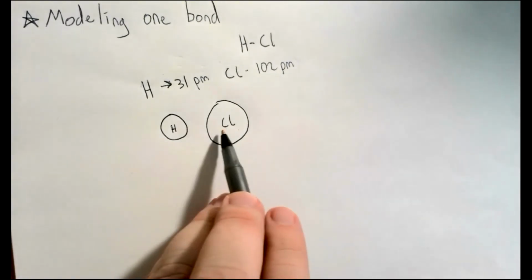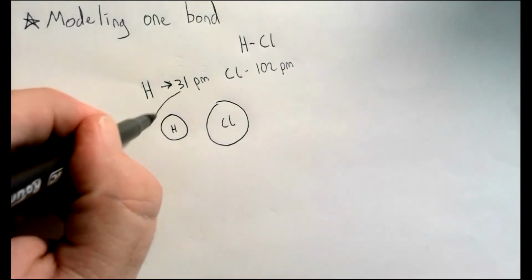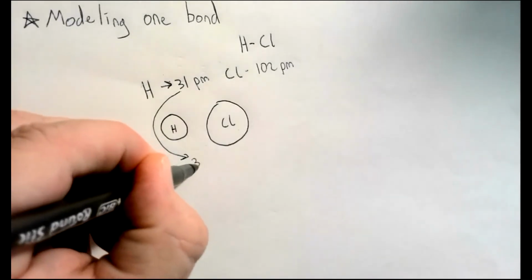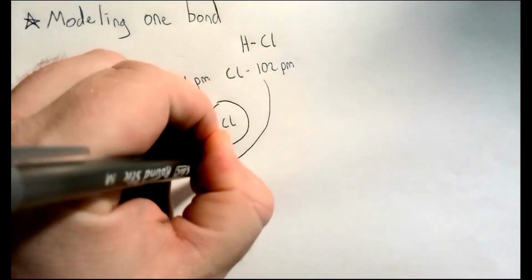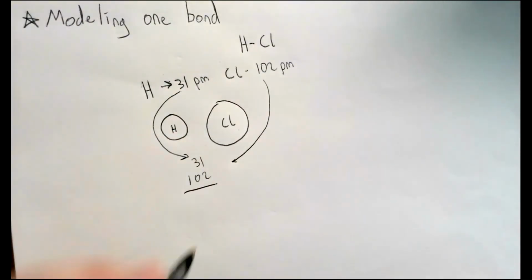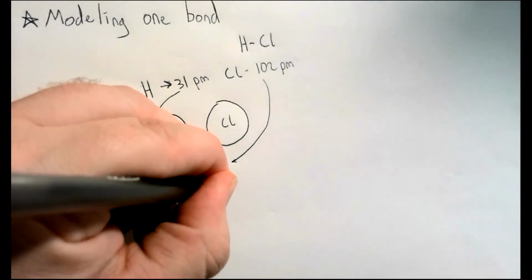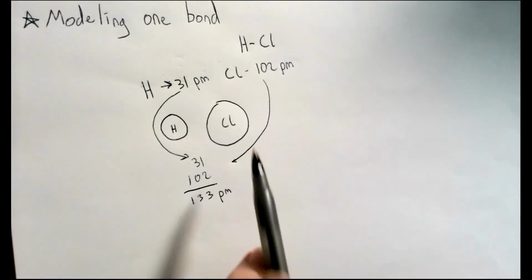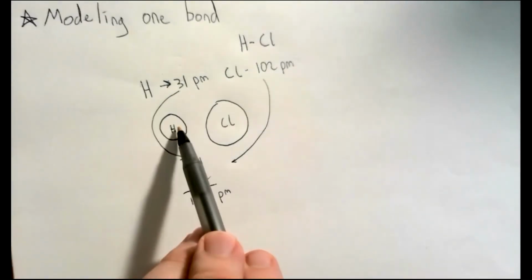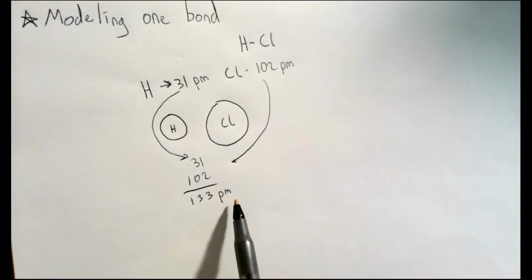To know how long the bond is, you can usually just take the atomic radius of one and the atomic radius of the other and add them up. So that's 133 picometers. And so that means that from the center of chlorine to the center of hydrogen should be about 133 picometers.